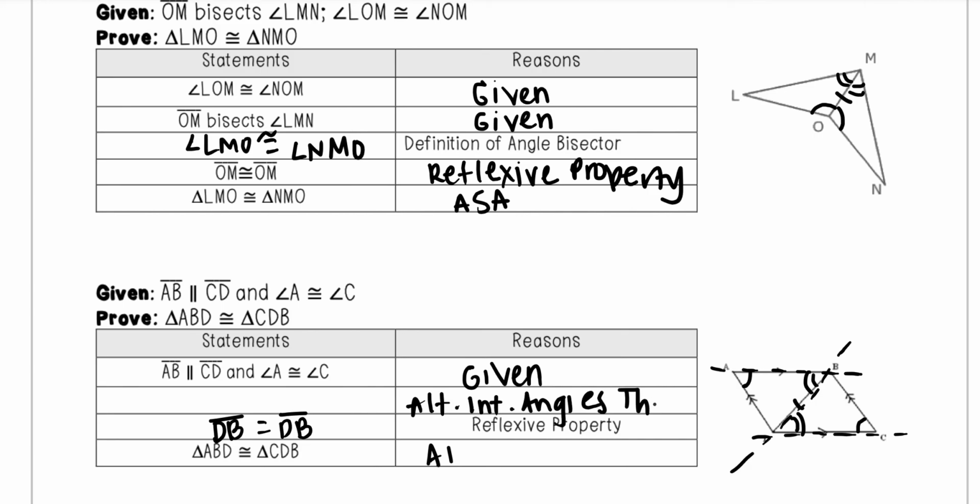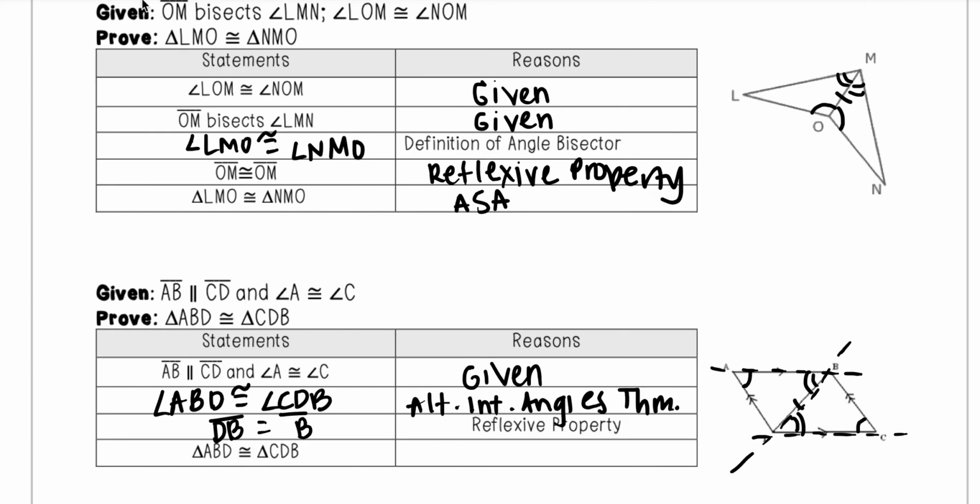So the alternate interior angles theorem would state that angle ABD would be congruent to angle CDB. Once we know those are congruent, then we can use that alternate interior angles theorem as the reason.